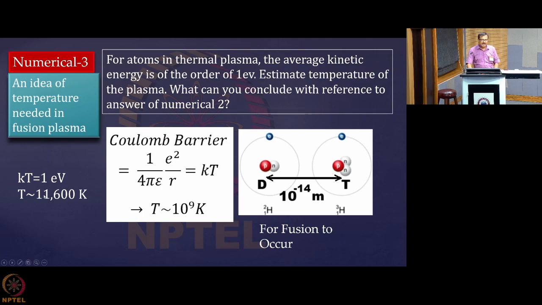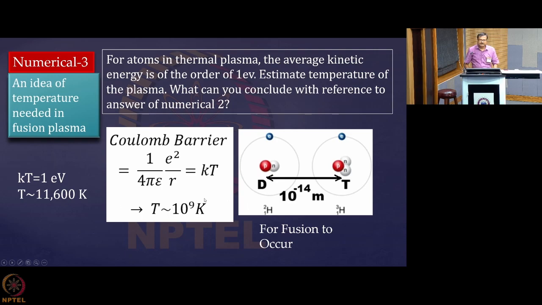In cold plasma, the heavy species temperature is around 300 Kelvin only, not even anywhere near 1000. What you are seeing here may be the gas temperature in thermal plasma, or the electron temperature in cold plasma. So now you are clear about the temperature, and from basic criteria you see that you require a temperature of 10 to the power 9 Kelvin.